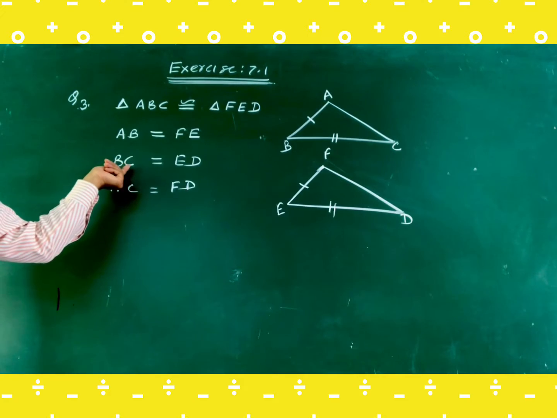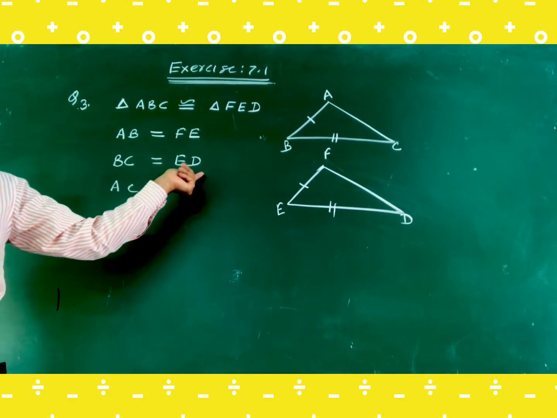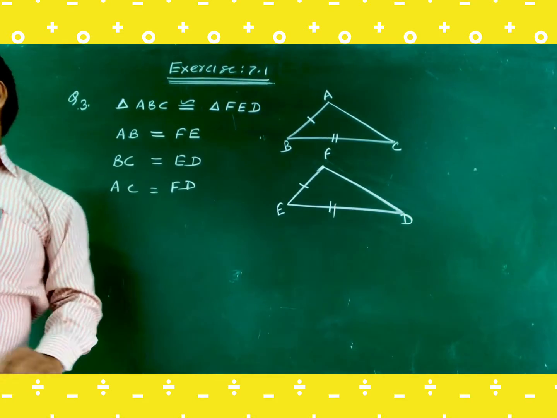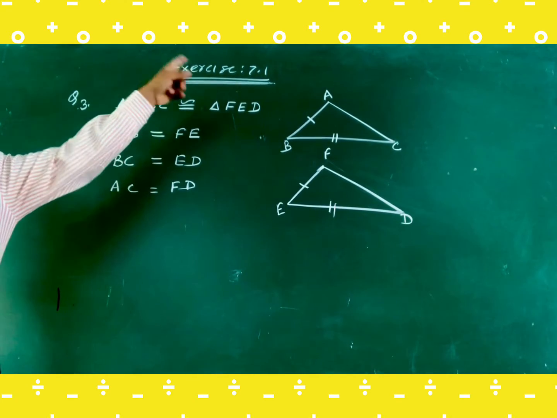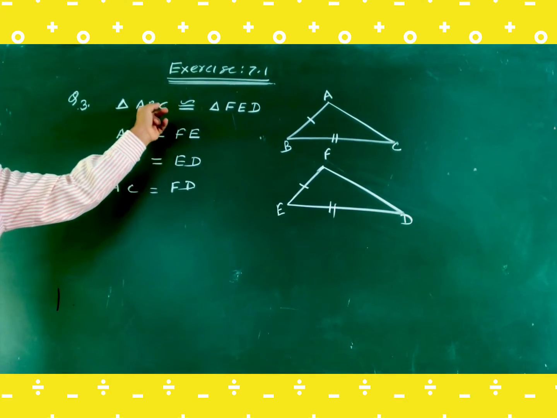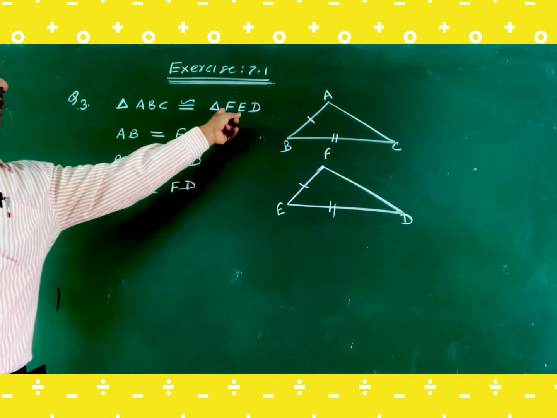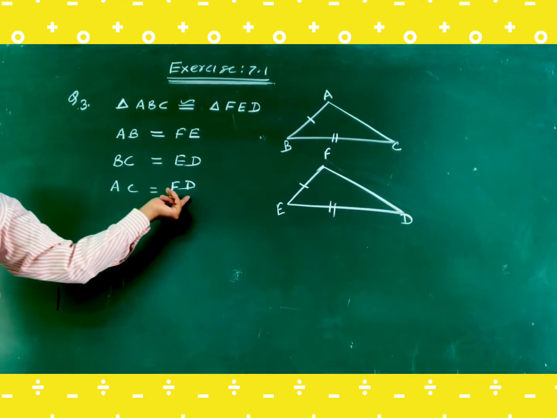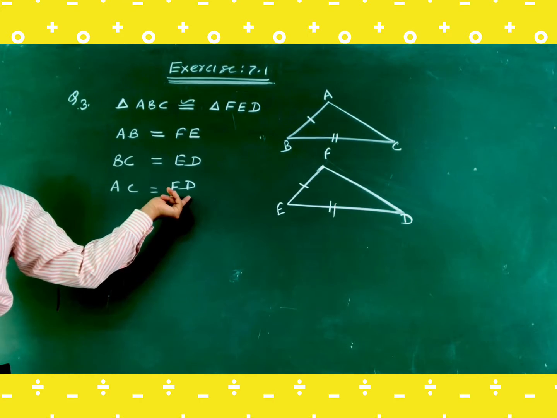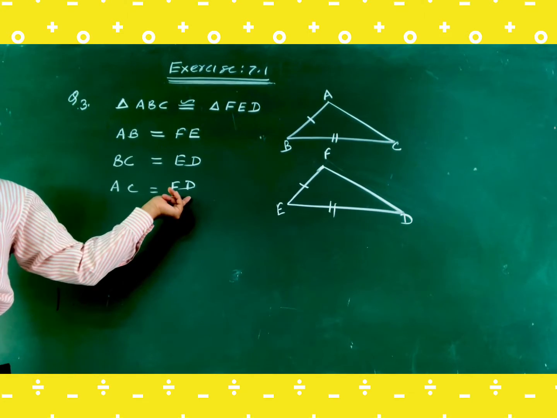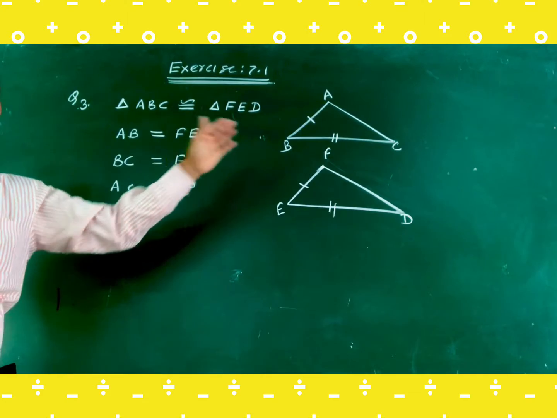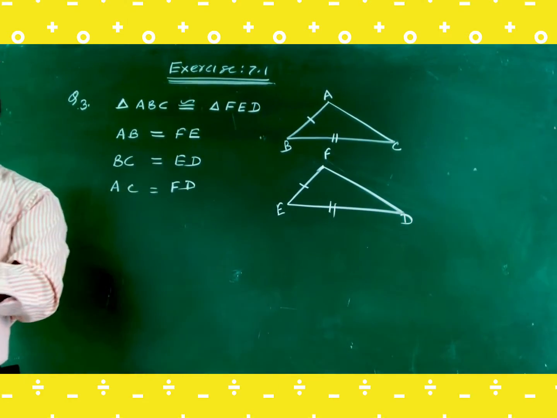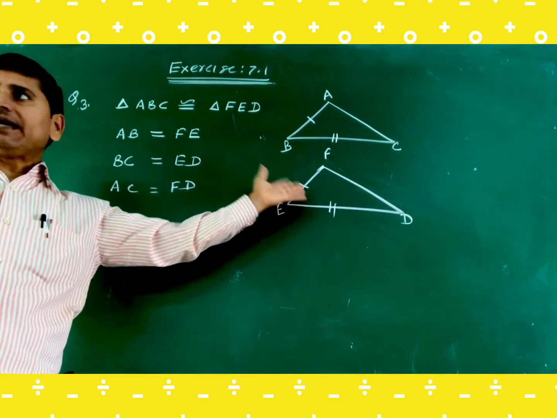So you can write that BC equals ED without observing the diagram. And the first and last letters of the first triangle are AC, and the first and last letters of this triangle are FD. So you can write that AC equals FD. These corresponding parts are always equal without observing the diagram.